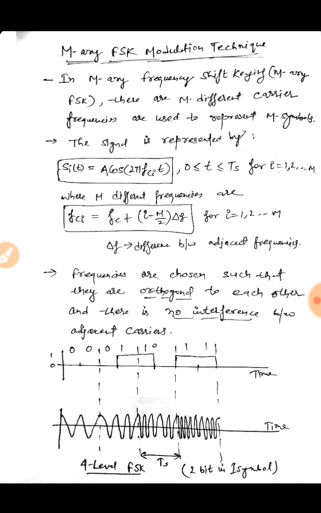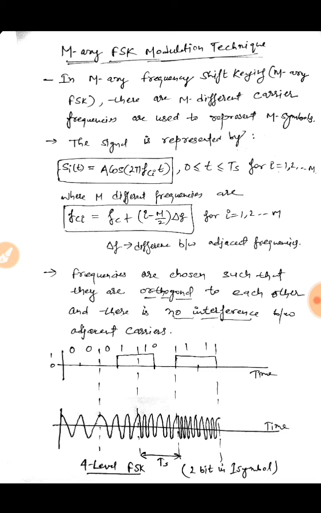In the last lecture, we have seen M-Array amplitude shift keying, in which multi-levels were used to represent the symbols, and multi-amplitude were used for the shift keying. In this M-Array frequency shift keying, there are M different carrier frequencies.